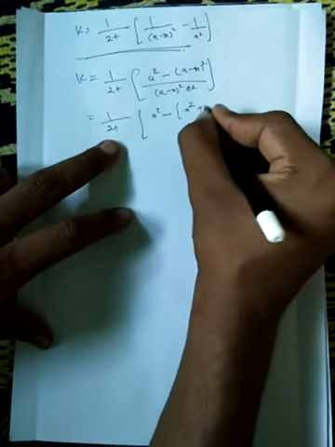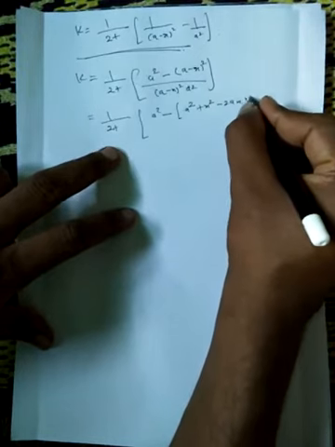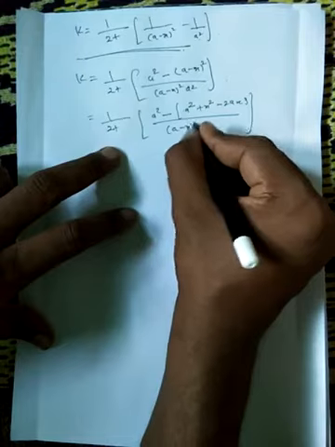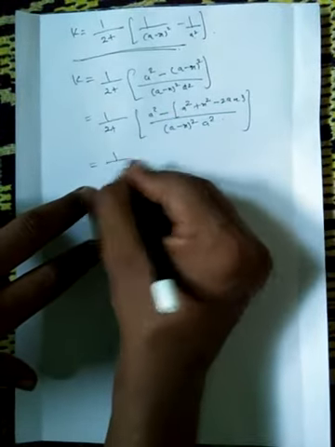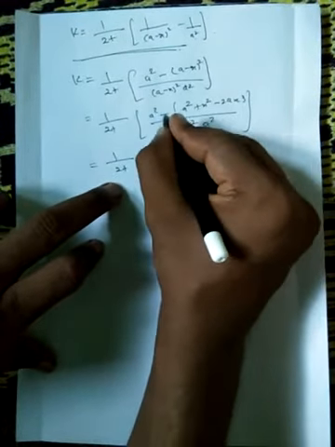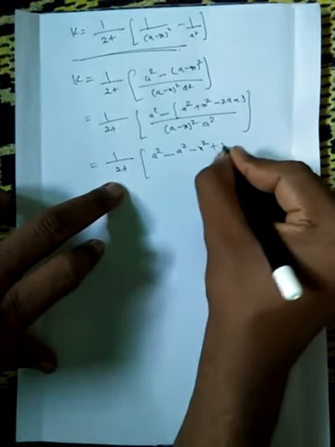So A square plus x square minus 2Ax... A square minus A square, you multiply the minus sign, minus x square plus 2Ax.